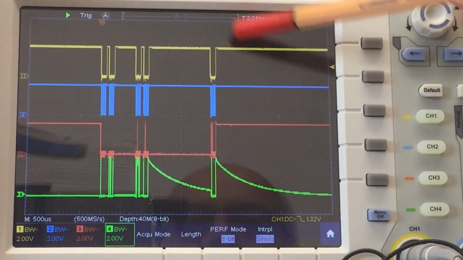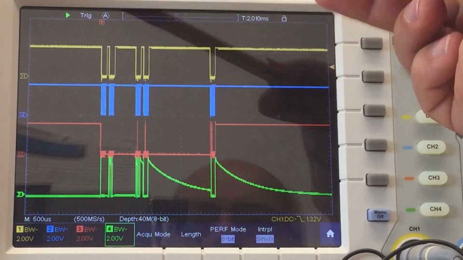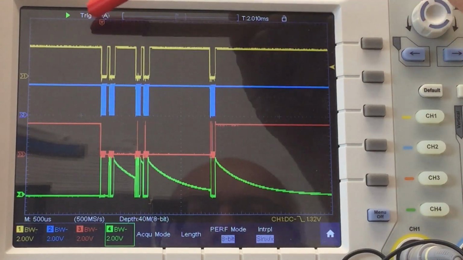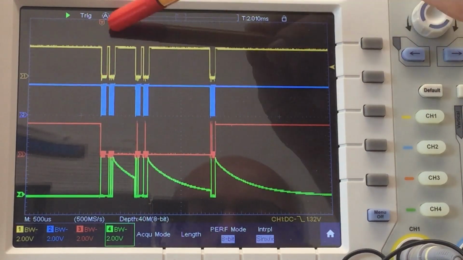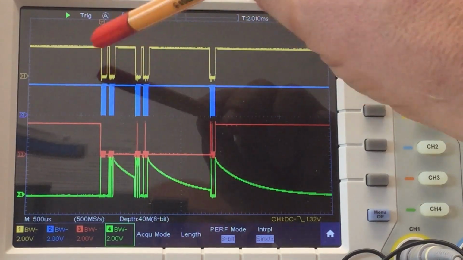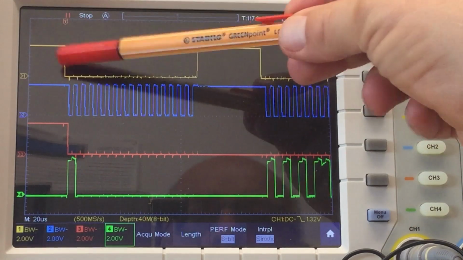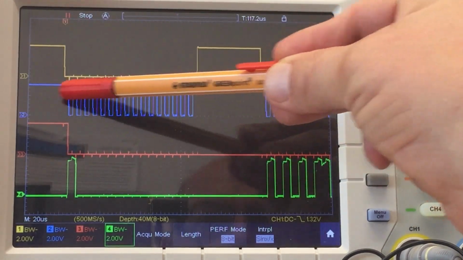So the whole cycle starts with me reading a register, the angle register, sending the command, read register, and receiving the data back in the second transaction. Let's zoom in. So I'm sending here my 16 times 0 command.